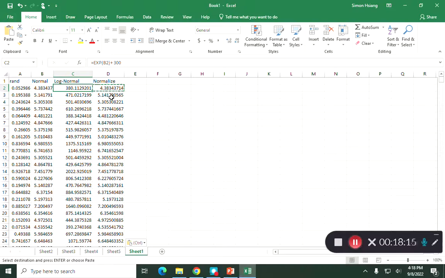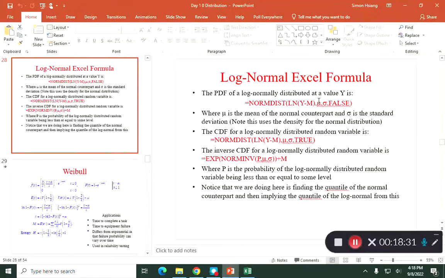And on the other hand, if you have a set of normal distribution data, you take the exponential, it becomes log normal distribution. Everybody with me on this? Okay? And the lecture notes also show you that if you want to find the height of the distribution, the PDF, you use this value. CDF, you use this value.